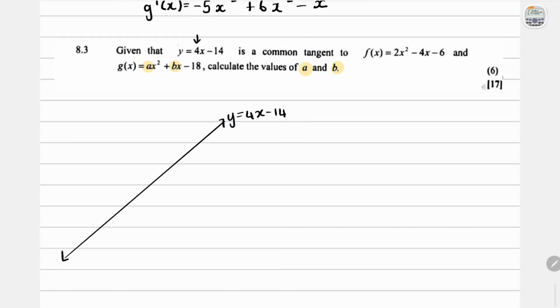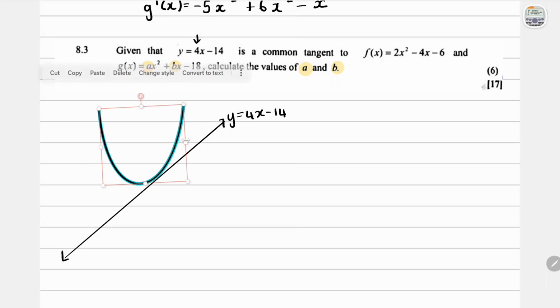And then it is a common tangent to two parabolas. The first one we can clearly see is a concave up parabola. So maybe that one looks like this, it's a tangent to it. It only touches it at one point. So maybe like that. And then at that same point, there's another parabola that is also a tangent to it.